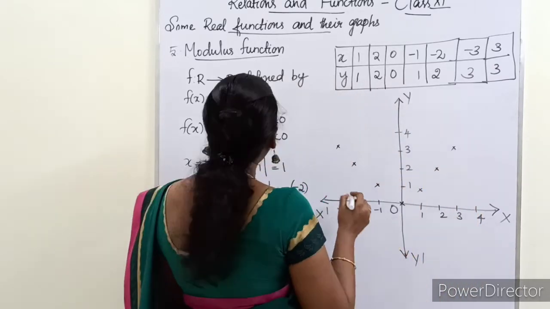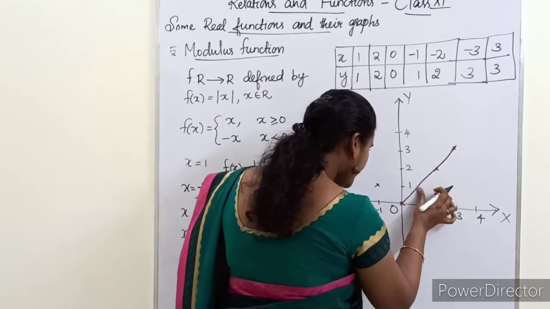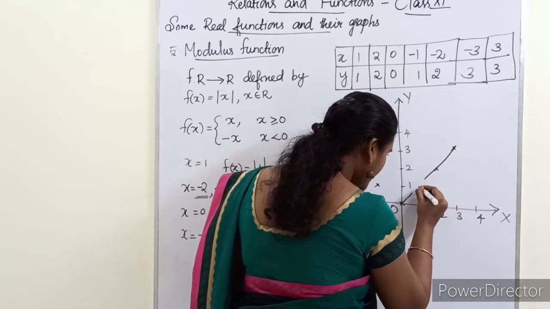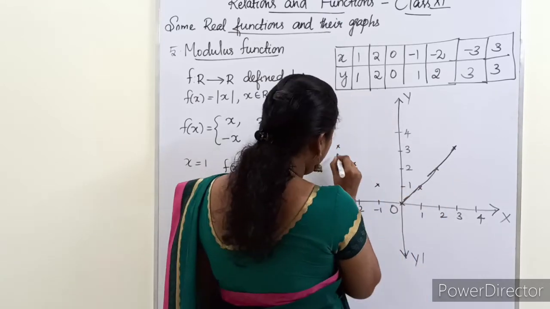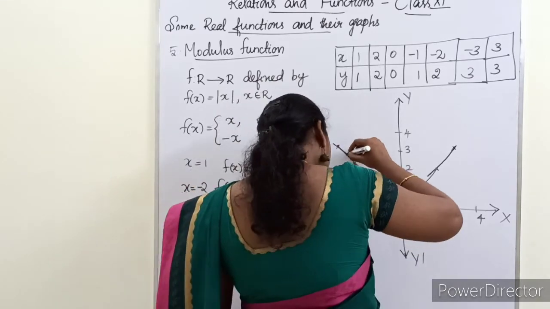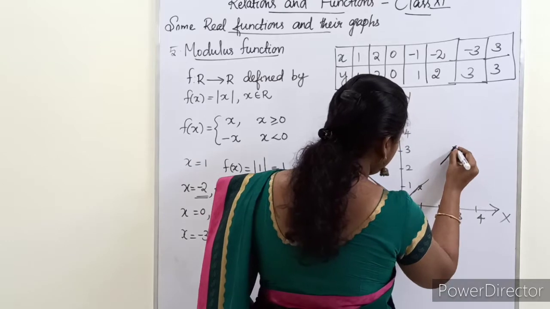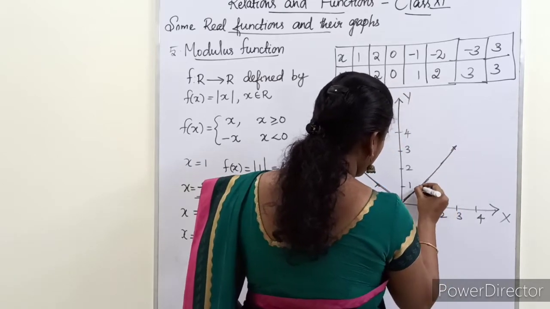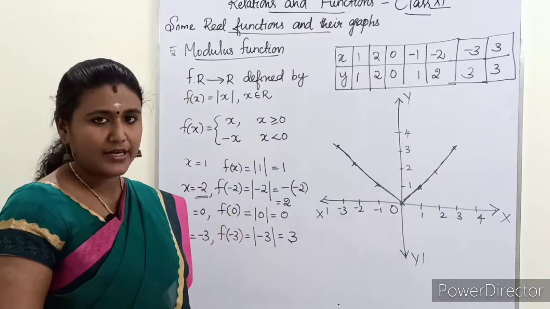So the graph of the modulus function will be like this. The points will be like this, and so this is the graph of the modulus function.